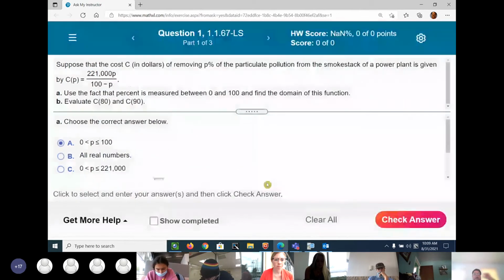I didn't think that was right because it's not all real numbers. Oh, I know why. And that's not right because you can't. That is the range.